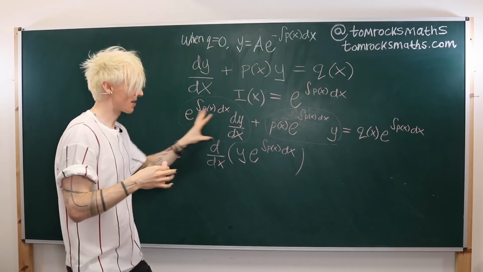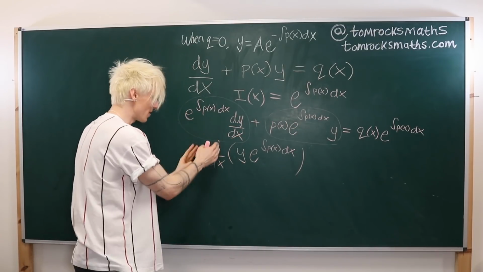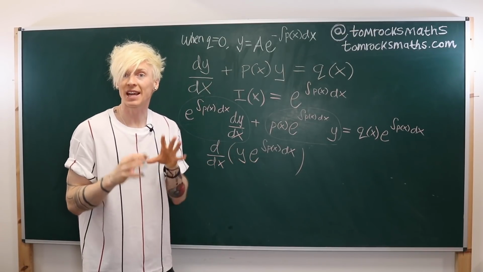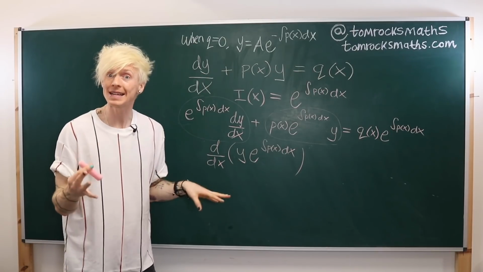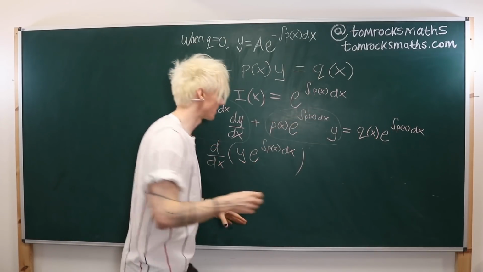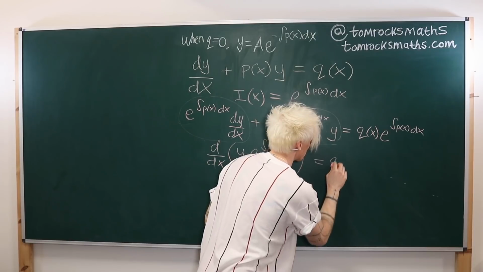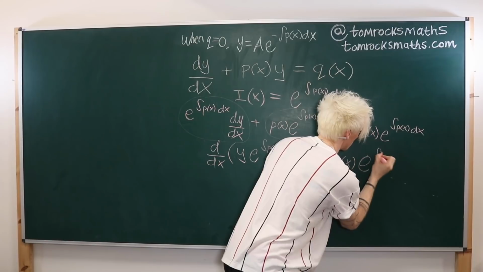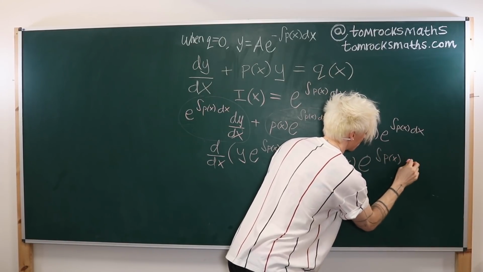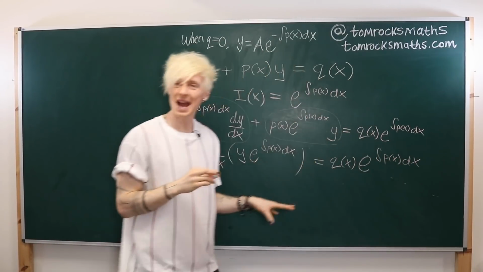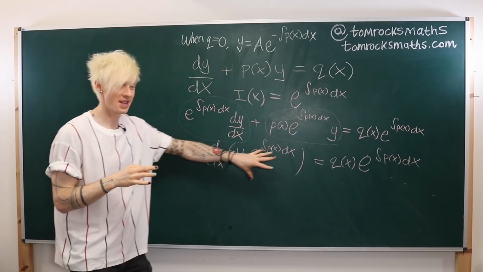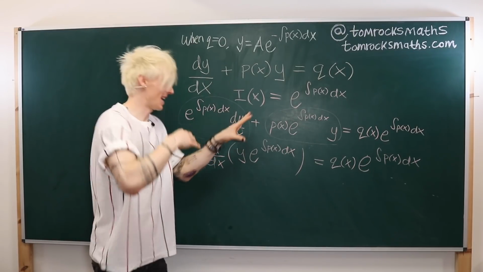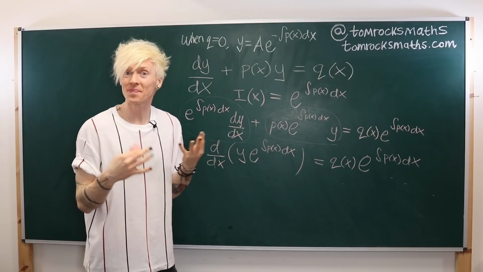So what I've got on the left-hand side is the derivative d/dx of y multiplied by the integrating factor. And for the right-hand side, we just have the same q(x) times e to the integral of p(x) dx. But now, because we've written the left-hand side as a derivative, I can just integrate both sides with respect to x.